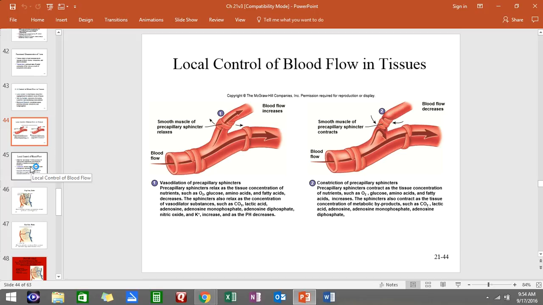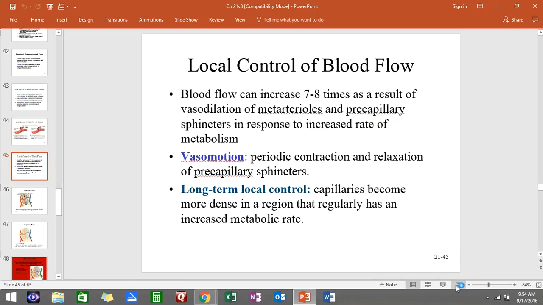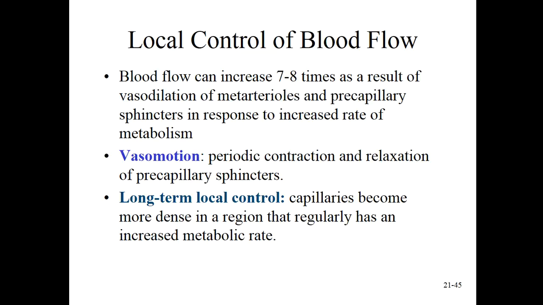Here's the biggest physical connection between this idea of local control. The local control allows blood to really surge into an area when it really needs it. And look at that, you can see a 7 to 8-fold increase simply as a result of the change in the diameter of those metarterioles.